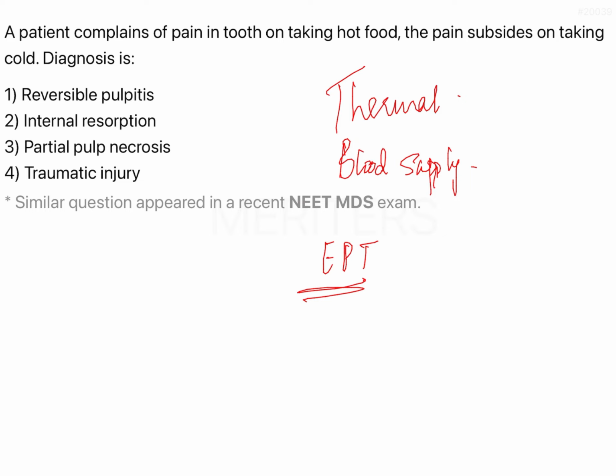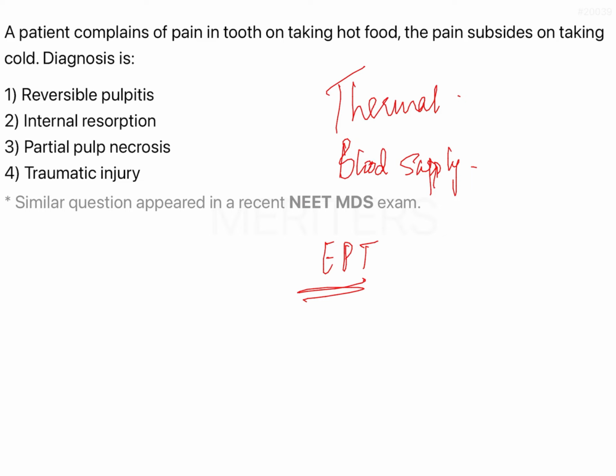So, when I apply a stimulus, the response is going to be early. If I apply cold on my 2-1 and 1-1, and 1-1 shows an earlier response than 2-1, that means it is in a state of inflammation. So the inflammation can either be reversible or irreversible pulpitis.